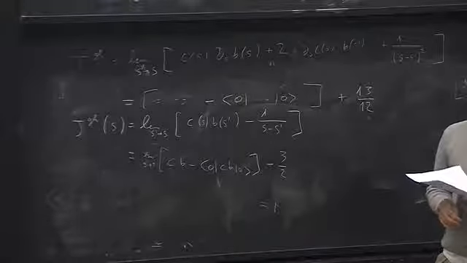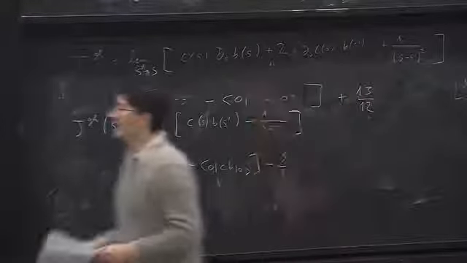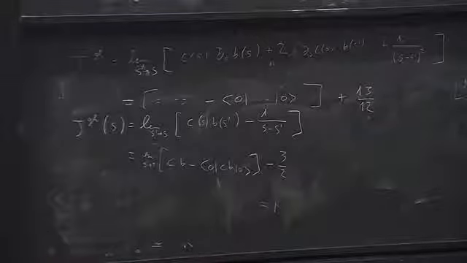So what does it mean? It means that this state has ghost number minus 3/2. Has charge minus 3/2 under the rotations which rotate C with charge 1 and B with charge minus 1.